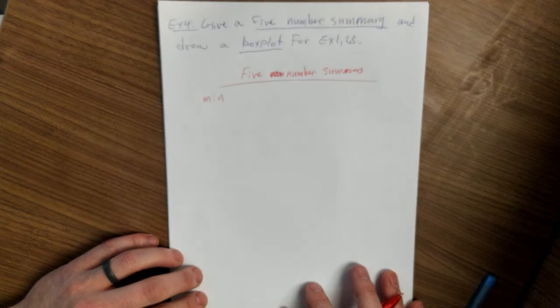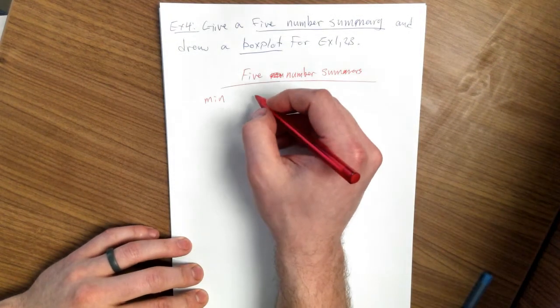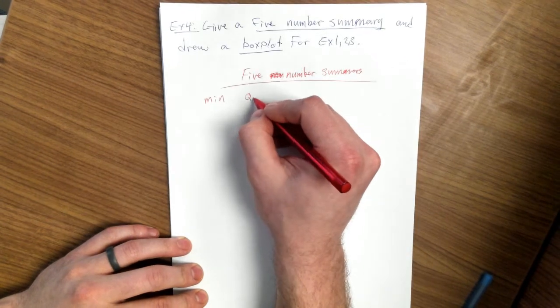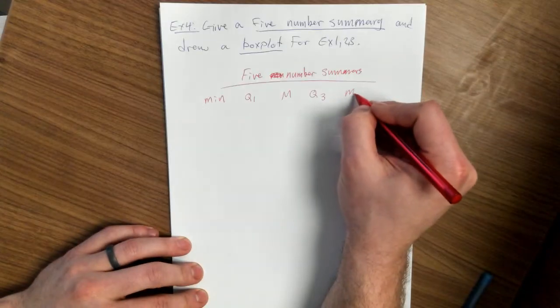There's 5 numbers that we just want to give. The minimum will go here, and you might want to just watch me. There we go. The 5 numbers: the min, Q1, the median, or Q2, Q3, and the max.